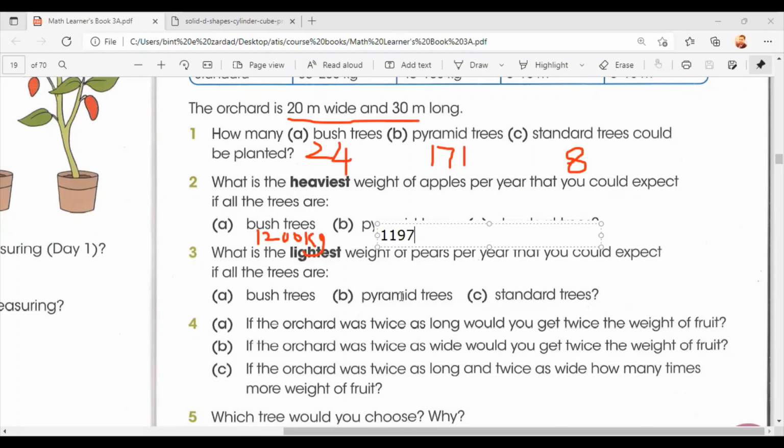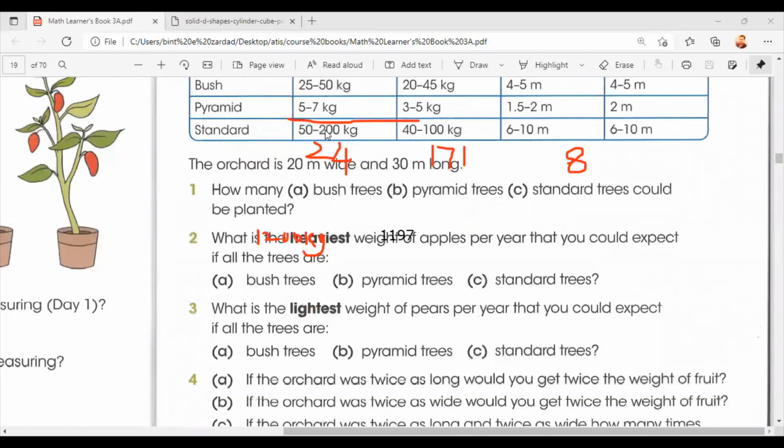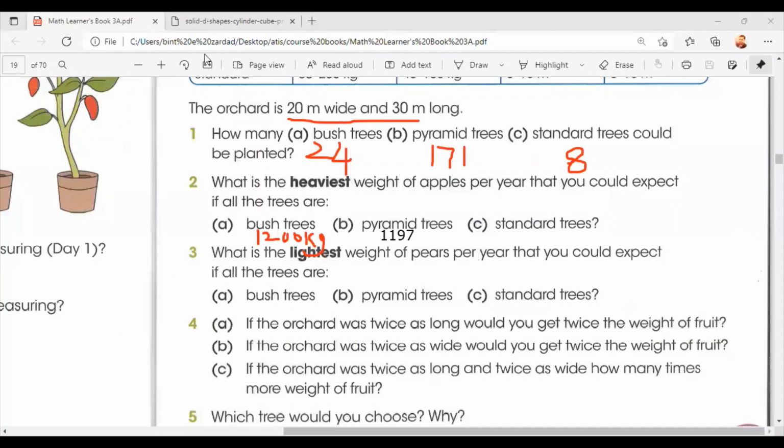You can calculate it. And standard, 8 multiplied by 200, yes, the highest weight. If you're using standard tree, how many kg do we get? It's coming 8 2 times 16, 1600 kg. Yes.